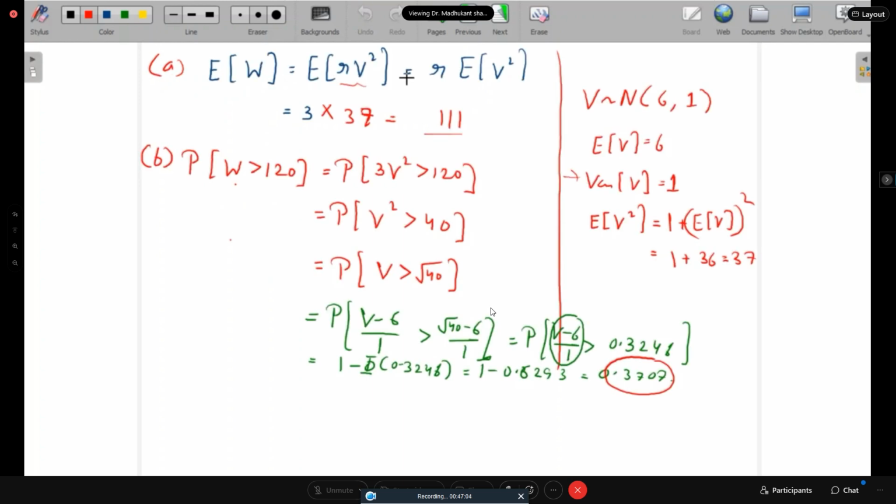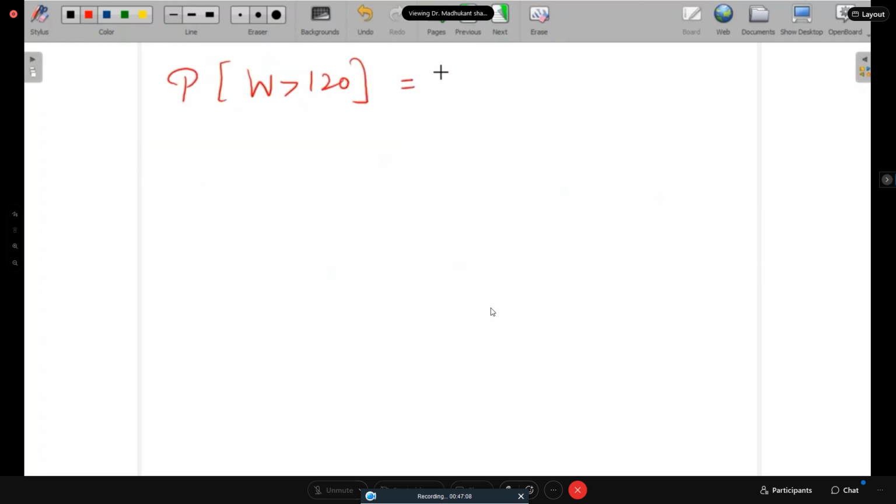So the probability of W greater than 120 is equal to the probability that V square is greater than 40. This is the information right now. I can write this as 1 minus the probability of V square less than or equal to 40, right?